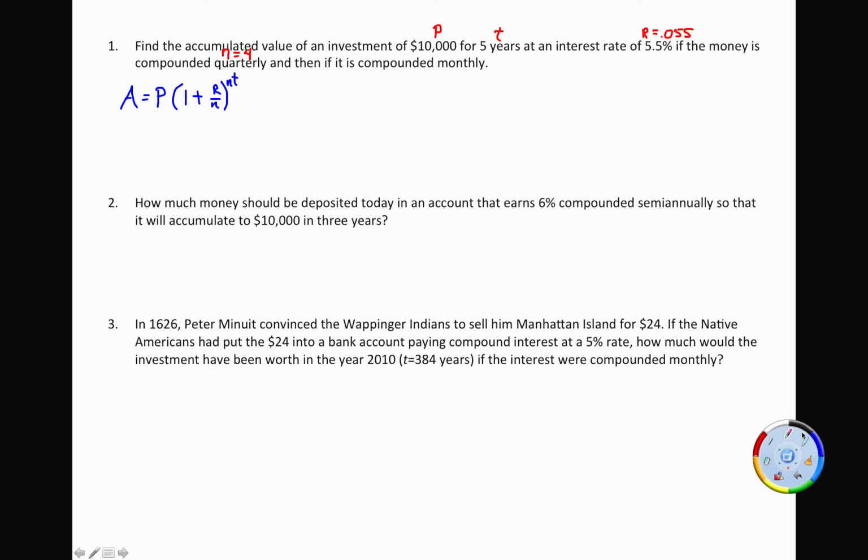All right, so I'm going to plug these into the appropriate places in my formula. A is, now we already said that the 10,000 is my P. Okay, 1 plus the rate of interest is 0.055 over N, which is 4, all raised to the N times T. Now when I enter this in my calculator, if I do not put parentheses around this value, it's going to give me the wrong answer.